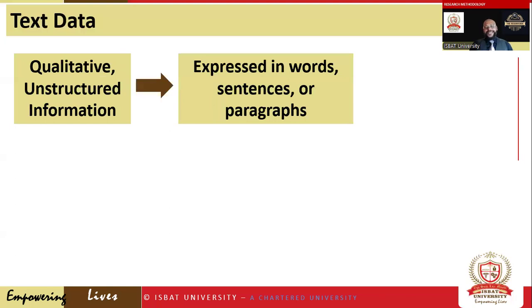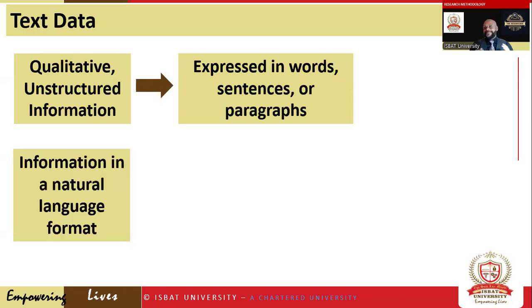So when we use text data, normally it is made in natural language. It is expressed either in words, sentences, or paragraphs. So this is the way normally text data comes to you. And as I told you before, this information is in a natural language format because we are getting expressions, views from people.